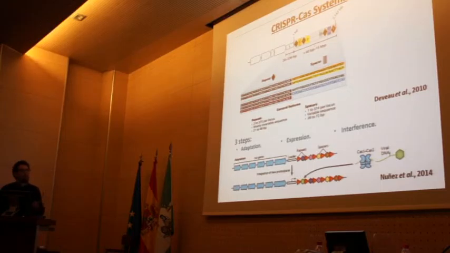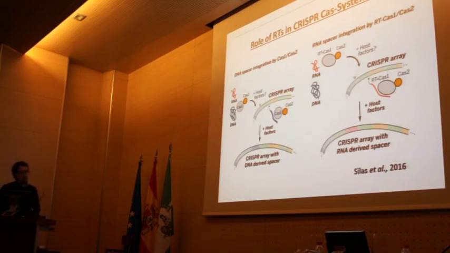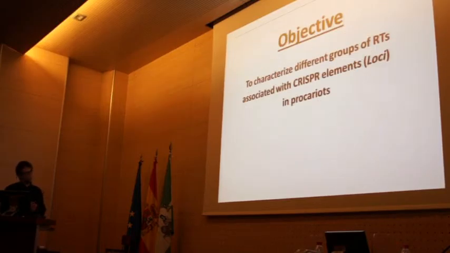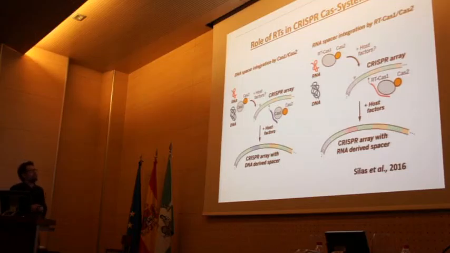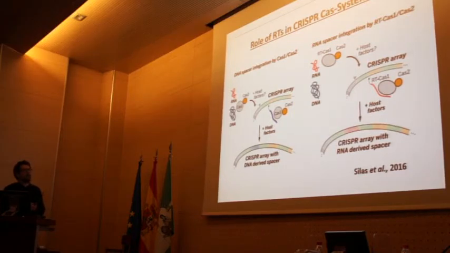But what is the role of the RTs in this context? Recently, a paper from 2016 inferred that an RT-Cas1 fusion protein is capable of incorporating new spacers from RNA into the arrays in an active RT-dependent way.